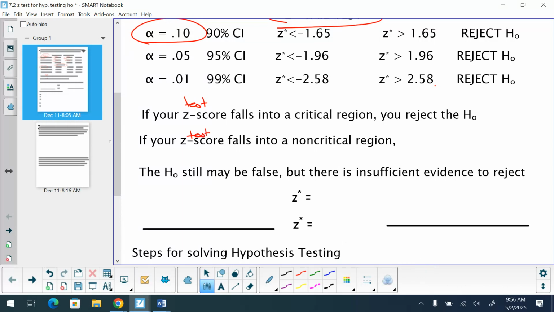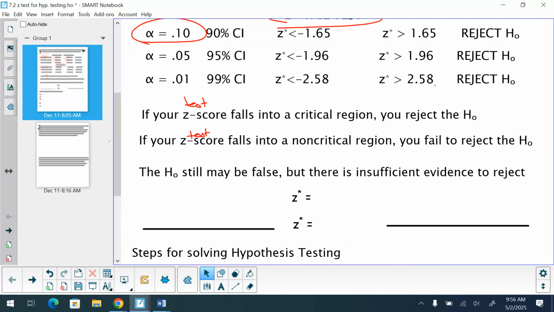If the Z-test score falls into a non-critical region, you fail to reject the null hypothesis. So you're going to do a test value. Does it fall into a critical region or a non-critical region? If it falls into a critical region, you will reject the null hypothesis. You'll get rid of the null hypothesis.